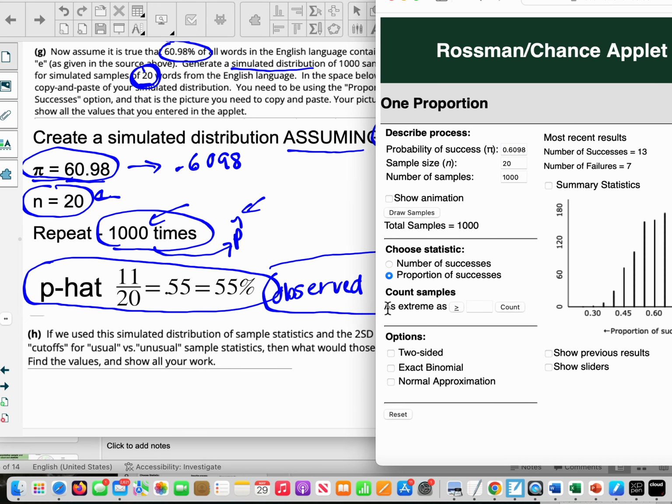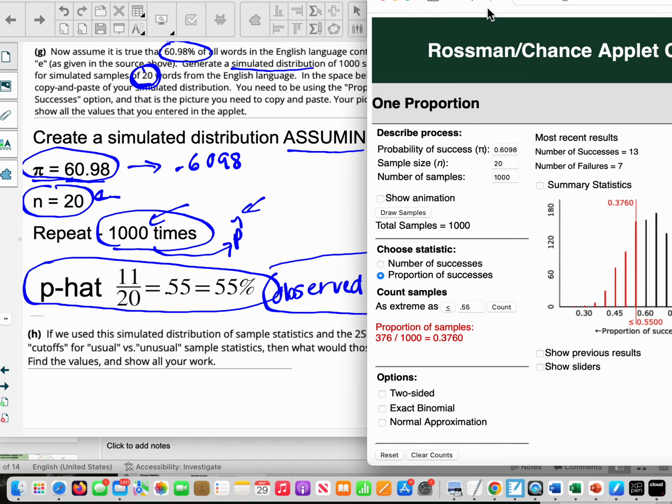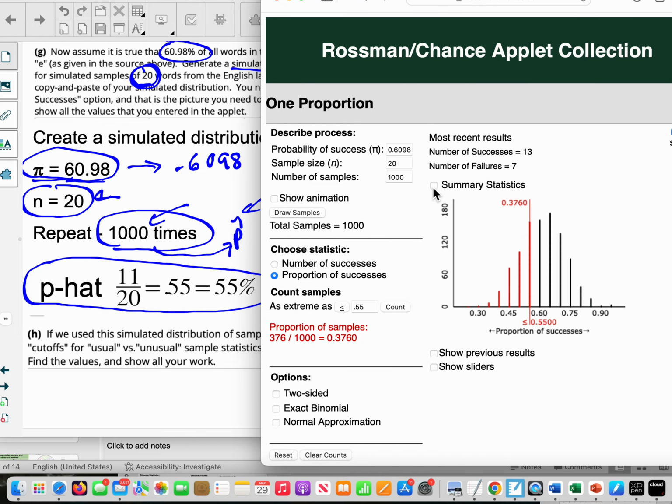What I do here is I enter in my observed statistic, 0.55. And I'm going to put count in there. I also want to click this summary statistics. This is going to then tell me what the mean of my distribution is here that I created. The simulated distribution mean is 0.611.